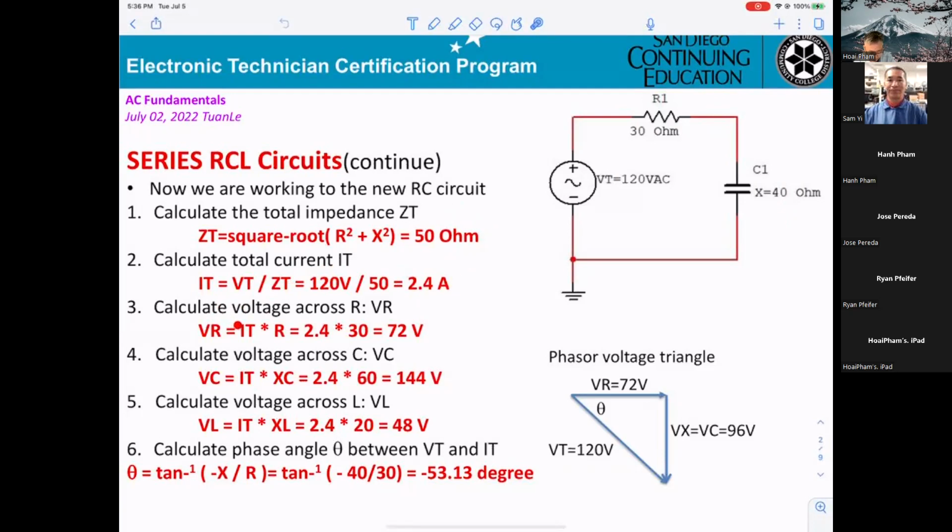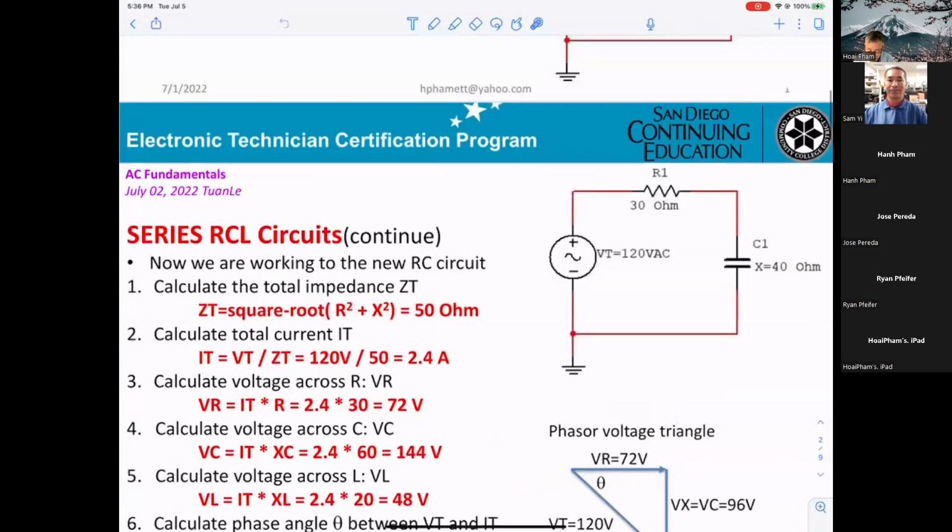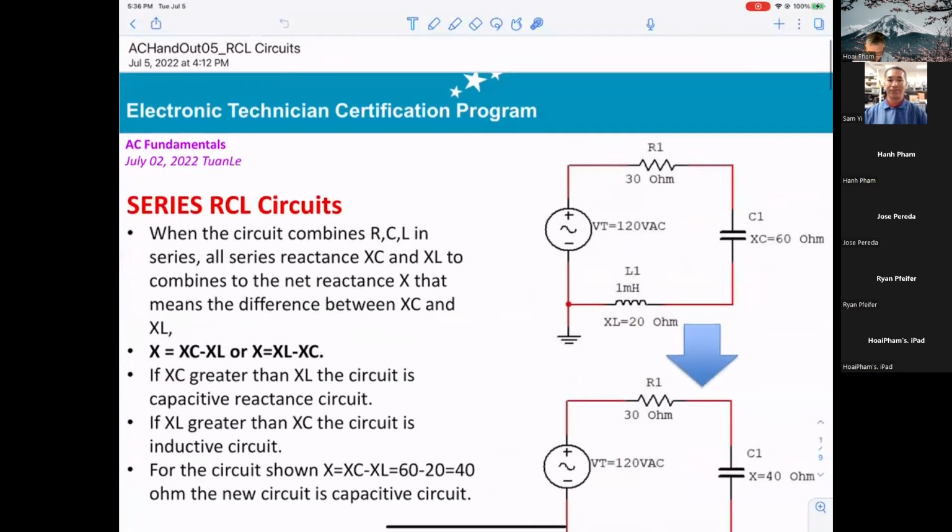And you calculate the voltage across the R, okay? IT times R, you get 72 volt. If you want to calculate the VC or VL, you have to go back to the original circuit here, okay?